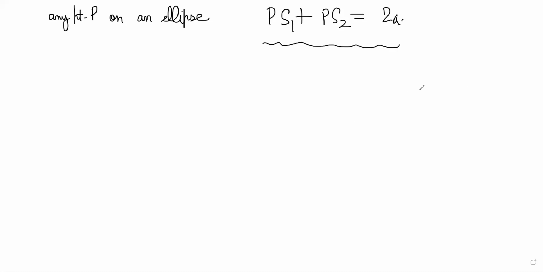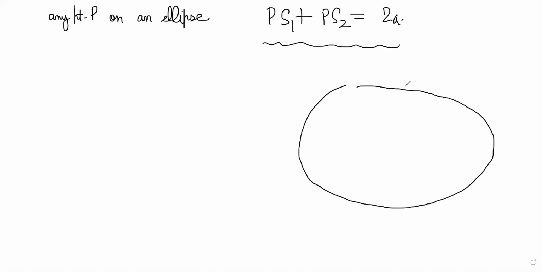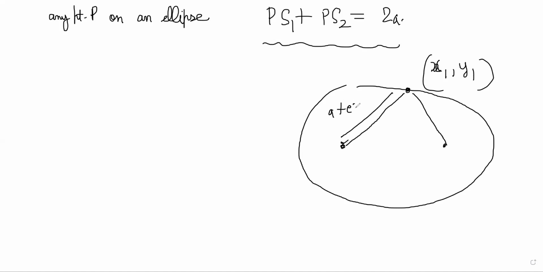That is one of the definitions of an ellipse. The sum of its distances from the two foci of a point that moves in such a way is equal to 2A. That happens because this is point x1 y1, then the focal distances are A plus ex1 and A minus ex1, right?